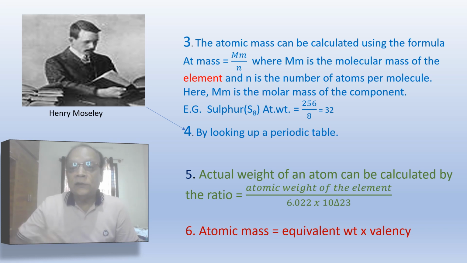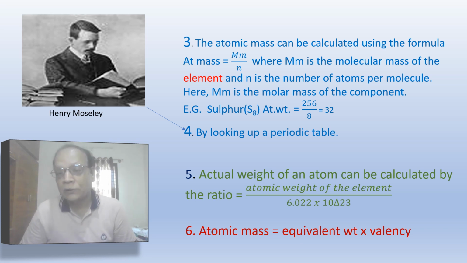The easiest of all the methods is looking up a periodic table. In exams, periodic tables may not be given. Certain examinations give a periodic table. IB gives a periodic table. IGCSE gives a periodic table. A part of the periodic table may be given in ICSE or ISC examinations also, or the values may be given.